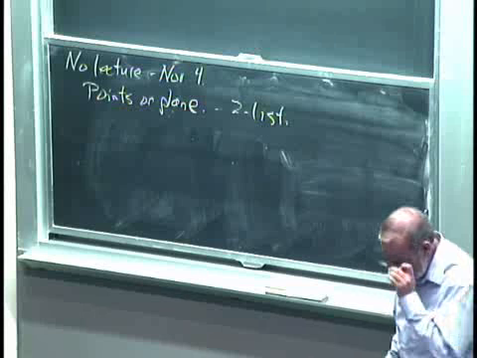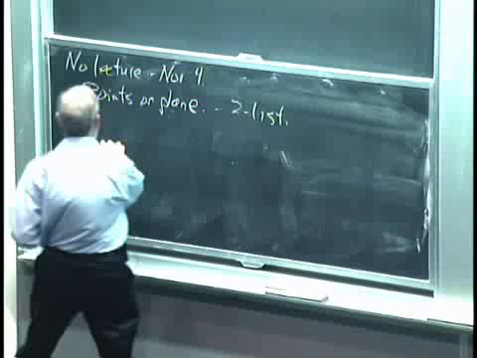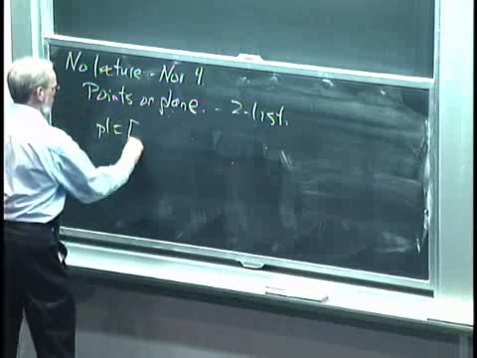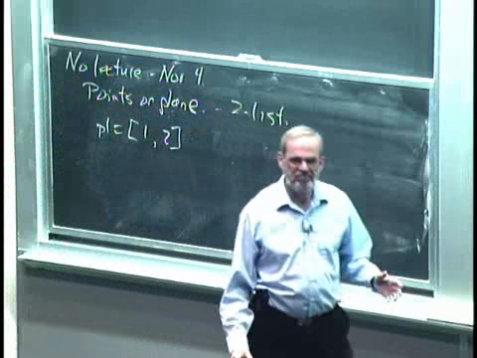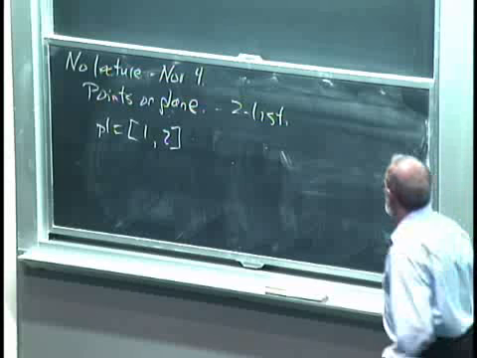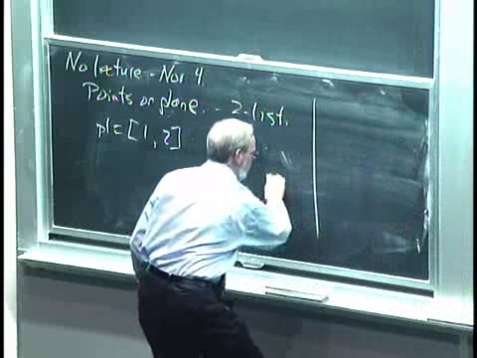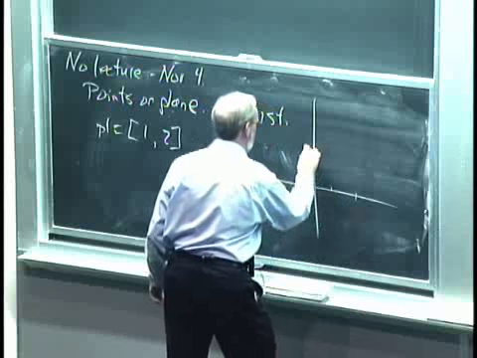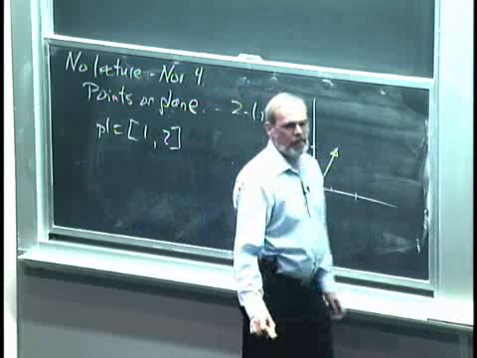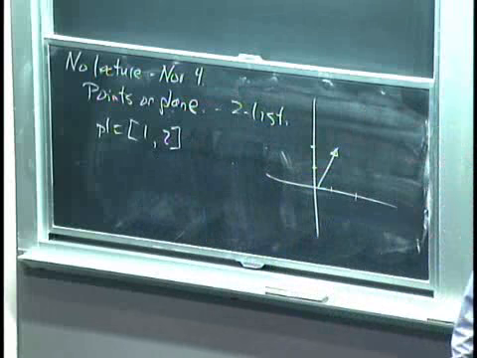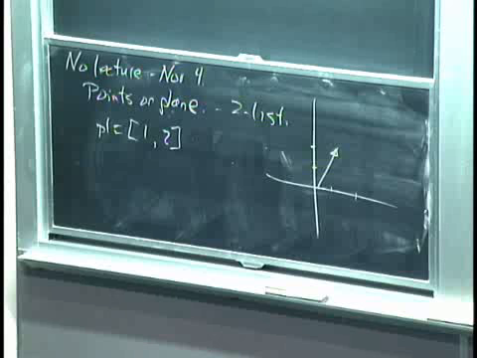For example, I might say point P1 is that list. X is 1, y is 2. And if I draw a simple picture, that's basically pointing to that point in the plane, right? X is 1, y is 2. Okay, it's fine.